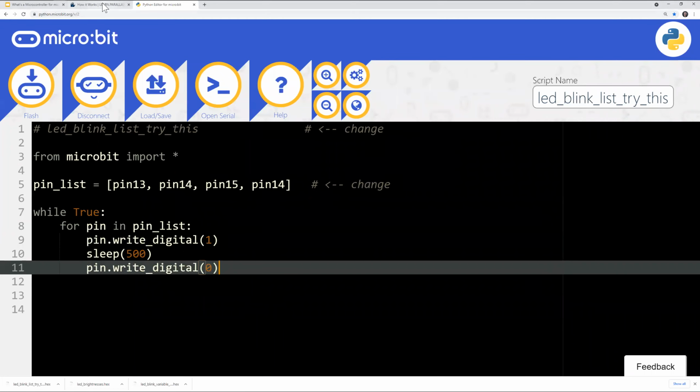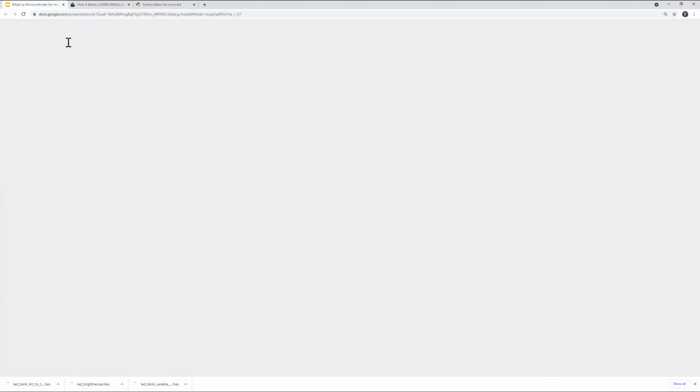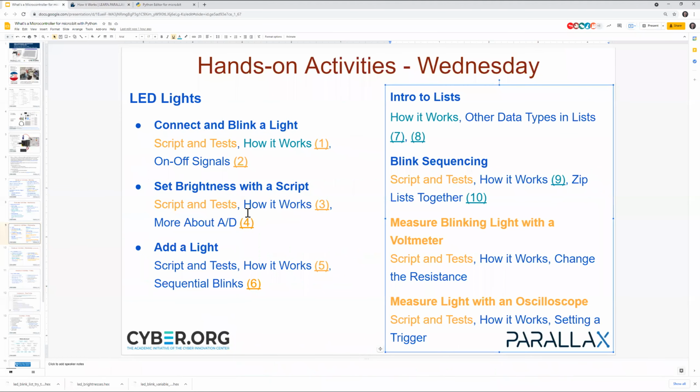Okay. All right, so those are some examples of using lights to get across different things: the concept of frequency, the concept of period, the concept of binary versus analog to digital, adding a separate light, learning about lists, and then applying lists as a handy way to make a sequence.